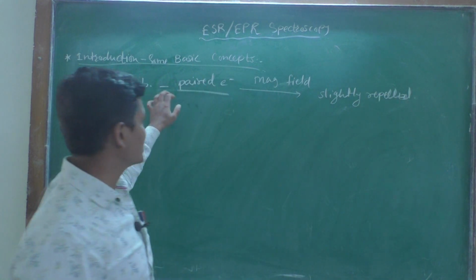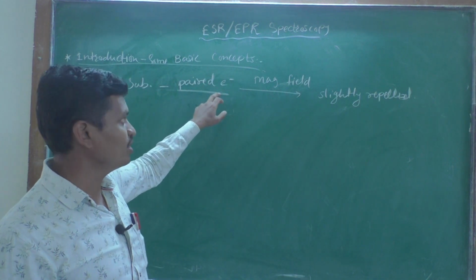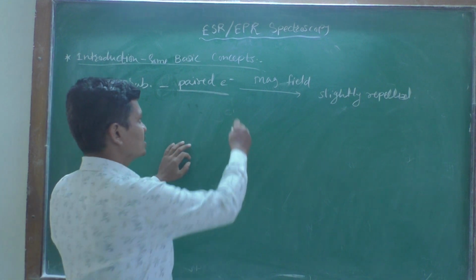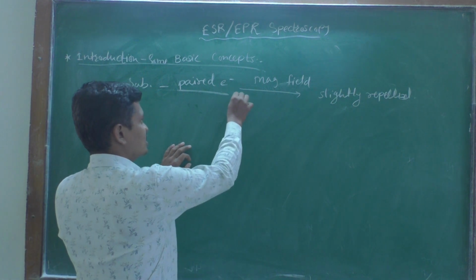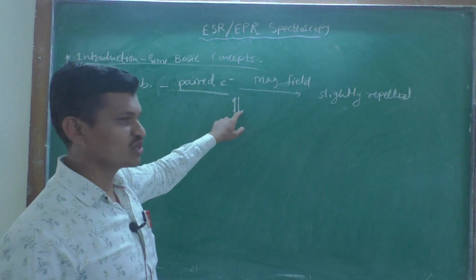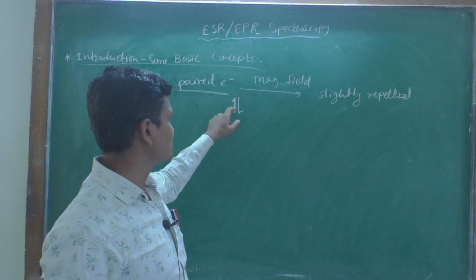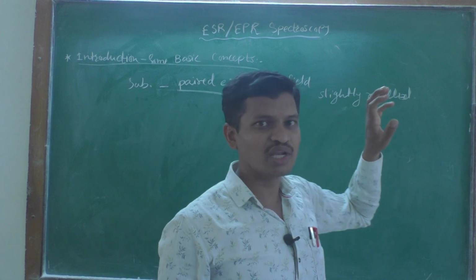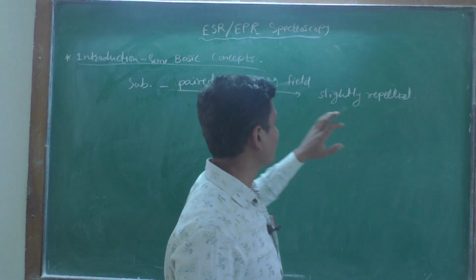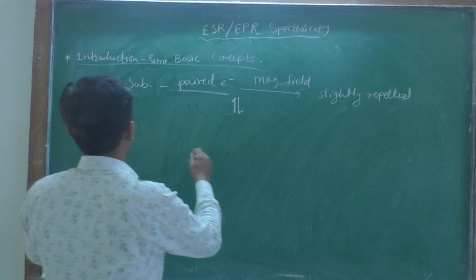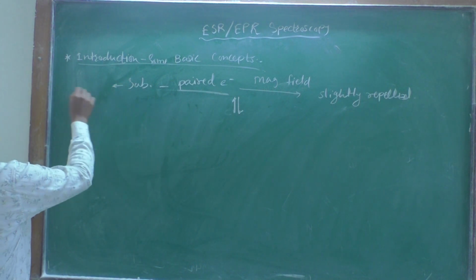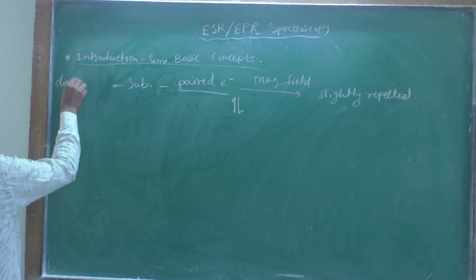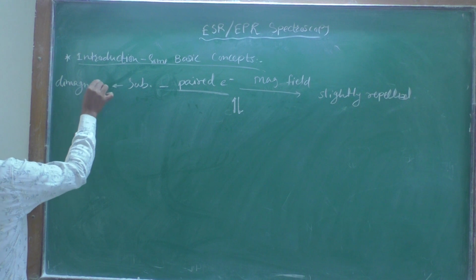Okay, substances containing paired electrons, mind well, paired electrons. So this is the situation: they contain paired electrons in their orbitals, and when such substances are placed in a magnetic field, they are slightly or weakly repelled by that magnetic field, and hence such substances are known as diamagnetic substances.